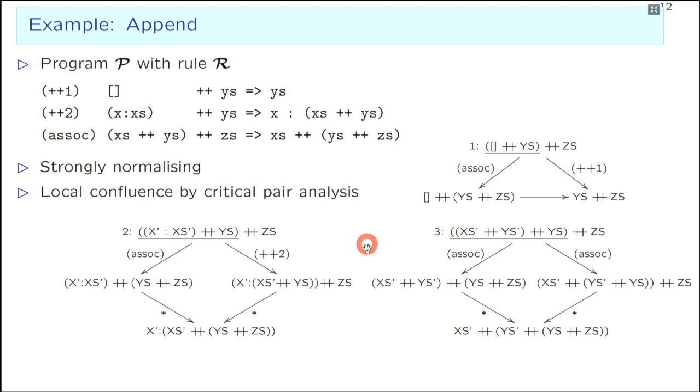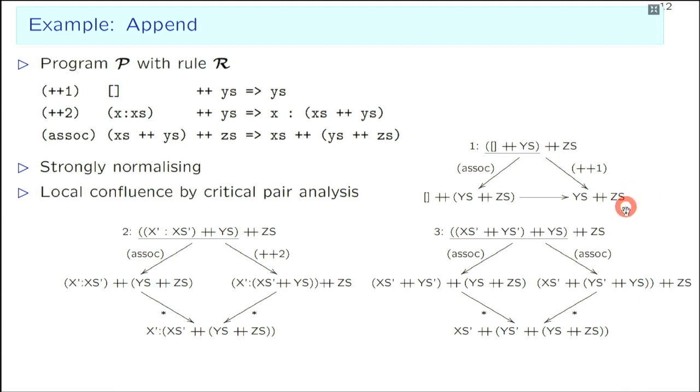So what this means is that, for example, in this first critical pair, associativity and the first rule are overlapped because this xs may be nil. So in this case, this part can be rewritten by the first rule, but this term can also be rewritten by applying associativity, and this can be rewritten to this part. So this makes joinability, and all of them are joinable.